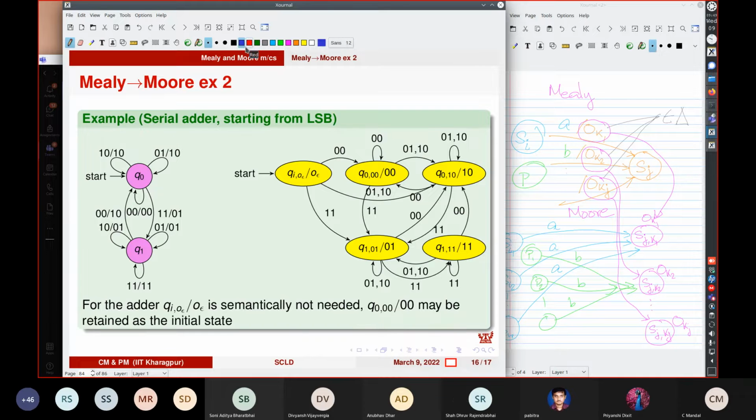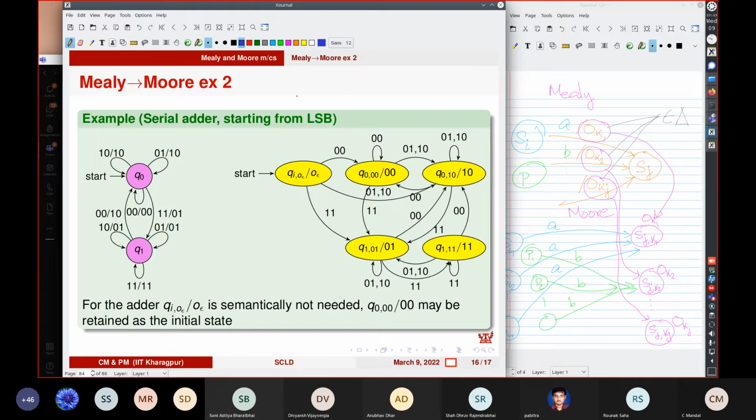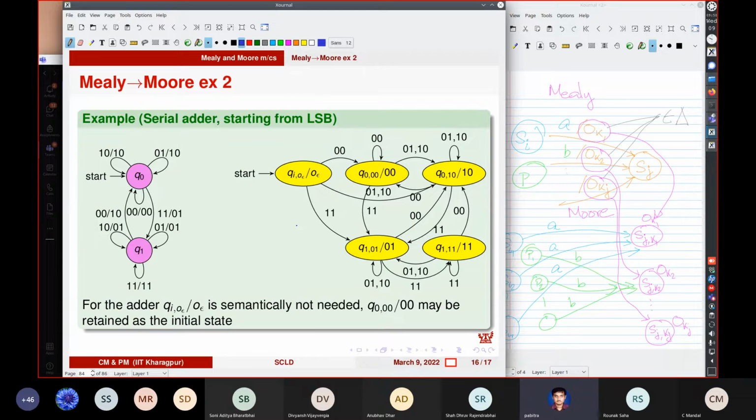Sir, you're muted. Yeah, it seems I was muted. How long was I muted? Maybe for 2-3 minutes you were muted. Then the previous slide, this slide, the previous slide.